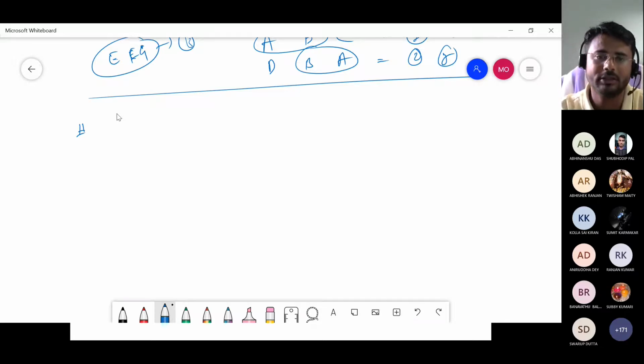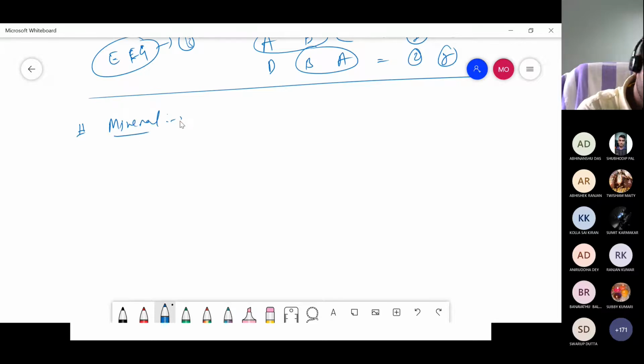So today we will discuss those minerals which are helpful in dating the age of the earth. First of all, mineral: what a mineral is and the different types of minerals we'll discuss in a different class. But as of now, just keep in mind that whenever we date age, we need radiogenic isotopes or radiogenic elements.